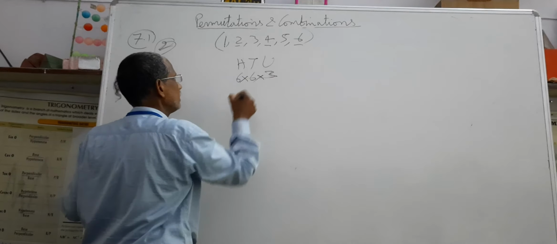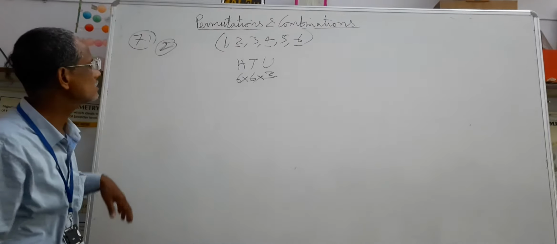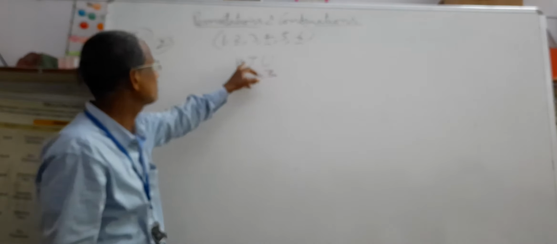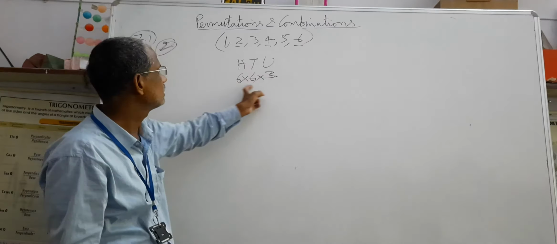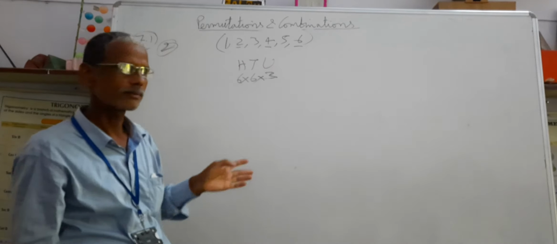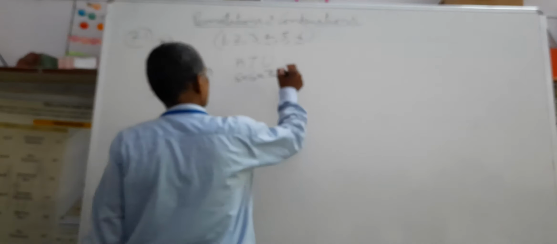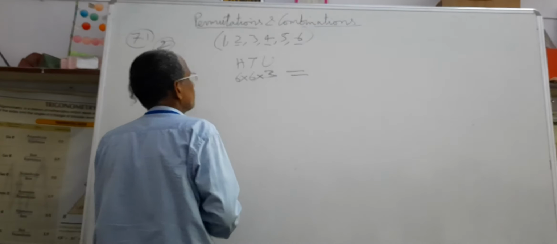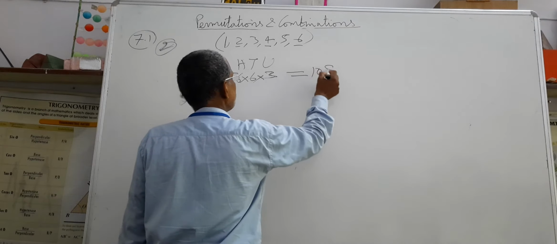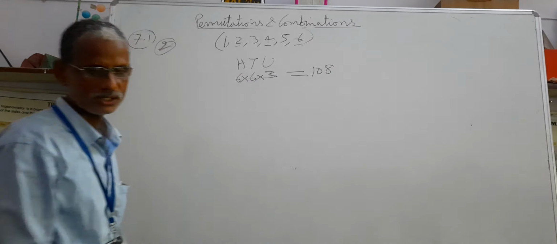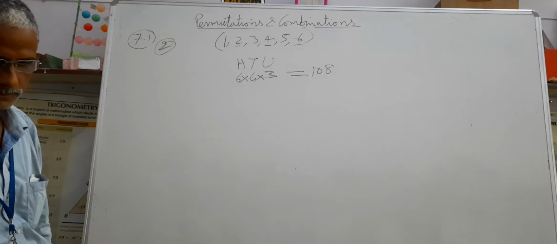The total number of ways will be multiplied, because if all 3 places are filled by some digits, then a 3-digit number will be formed. Therefore, the total number is 108. This is your answer.